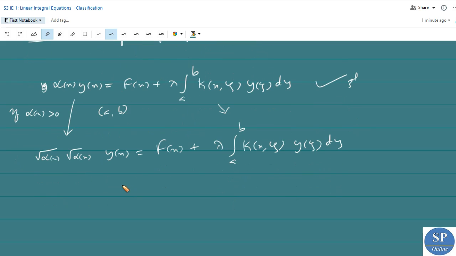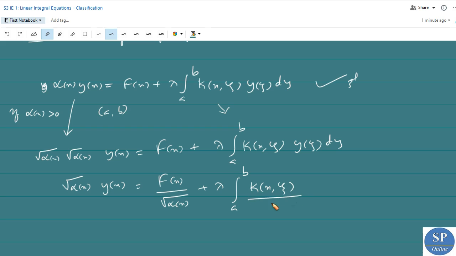This can be written as square root of alpha x into y of x equal to f of x divided by square root of alpha x plus lambda into integral a to b k of x zeta divided by square root of alpha x into y zeta d zeta.